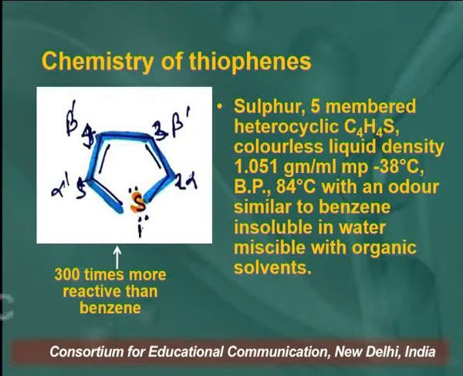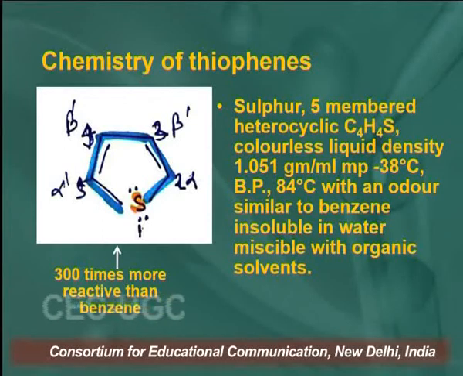But learners, if we compare the reactivity of thiophene, it is 300 times more reactive than benzene. As I told you in the previous lecture, aromaticity is based on electronegativity. Sulfur is the least electronegative atom, so it is the most aromatic, and the reactivity is inversely related to stability.